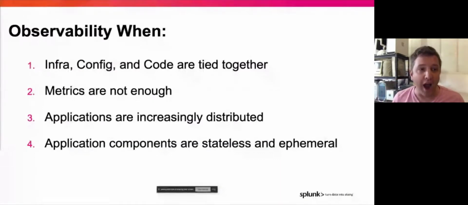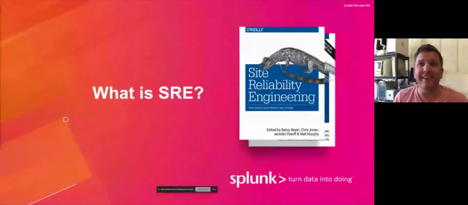They could be there for hours, but they are easy to tear up and tear down. This is when you start to think about observability. Now, what's interesting is observability really goes hand in hand with the SRE role. And I can't really think of environments that I know of that don't embrace both.